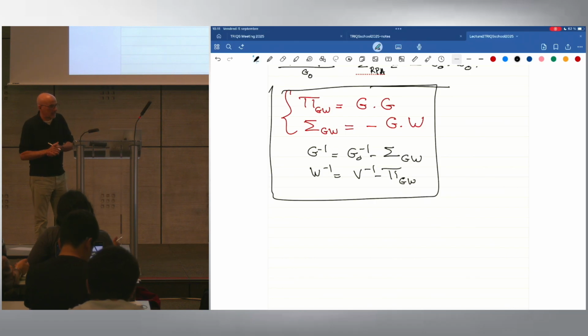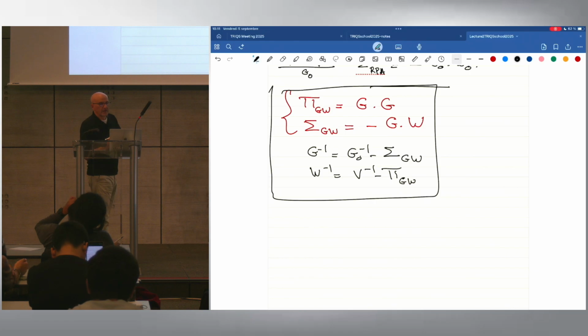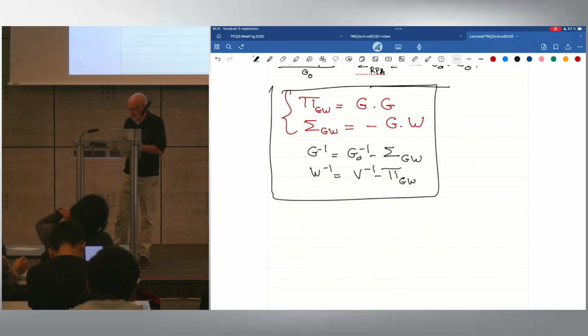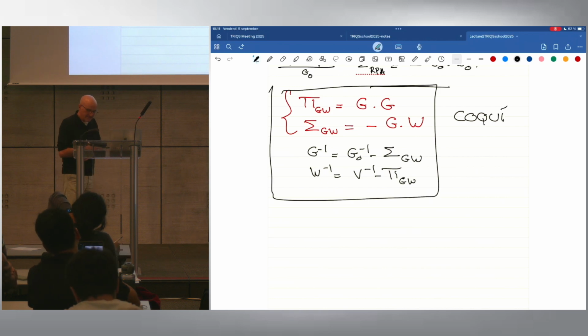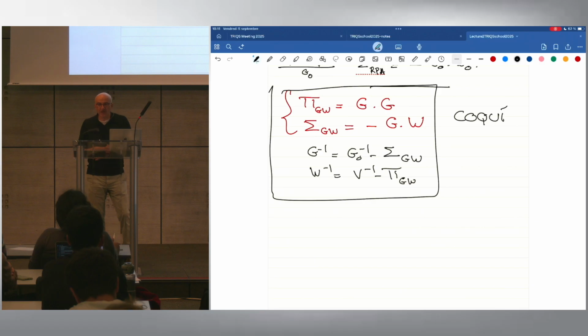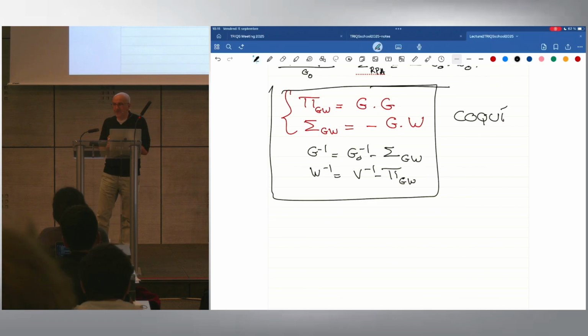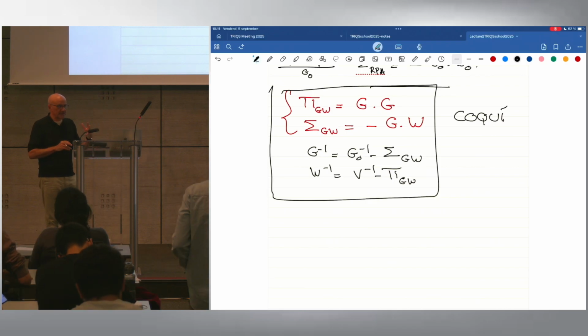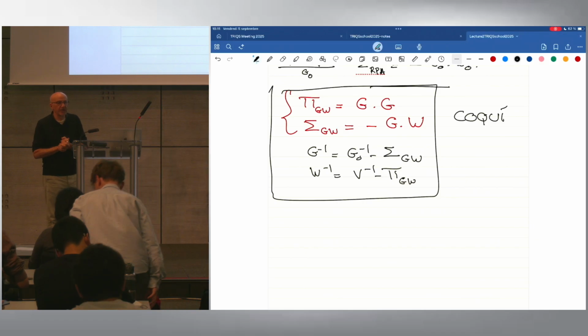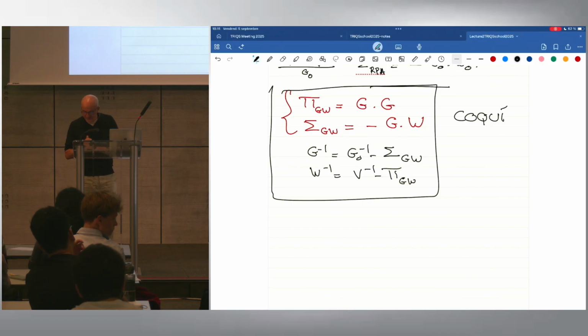And the code that has been recently developed by Miguel Morales and Chanan Yeh at CCQ, called Coqui, is an efficient implementation of this fully self-consistent GW using all sorts of techniques, in particular compression of basis sets, compression of these interaction tensors, and that will be explained in Chanan's next lecture.